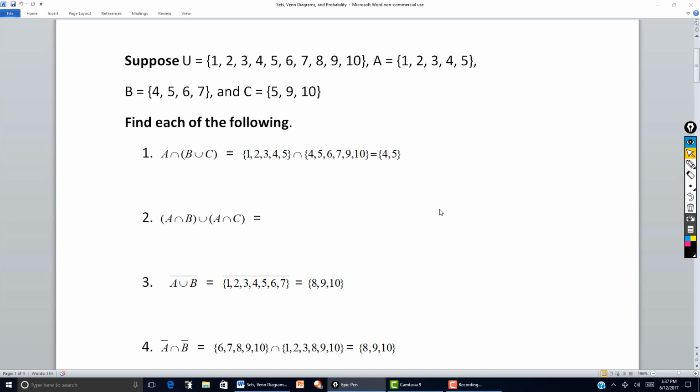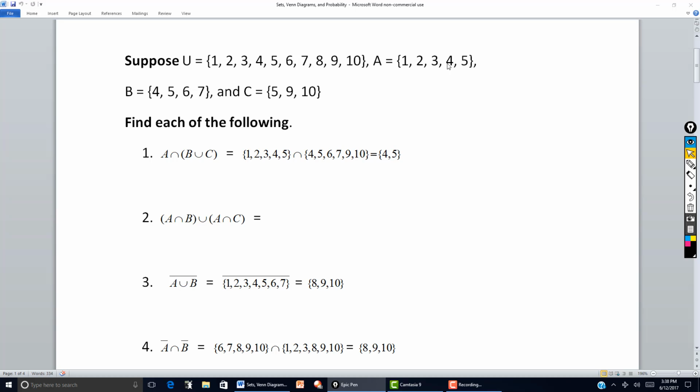Number 3, I have A union B, and just in case you can't see in the video, it does have a bar over the A union B. So I want the complement of A union B. Remember, the complement of a set is everything in the universal set that is not in that particular set. First, what is the union of A and B?